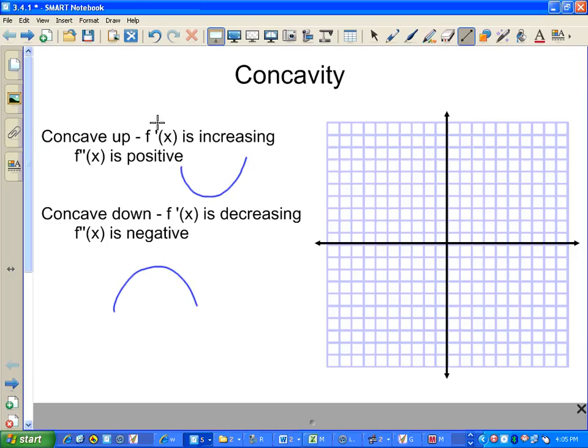So concave up, if we look at our first derivative, which is the slope of our tangent lines: here I've got a negative slope for my tangent line. Here's less negative. Now it's positive and becoming more positive. So my first derivative is increasing. It's going from negative to positive.